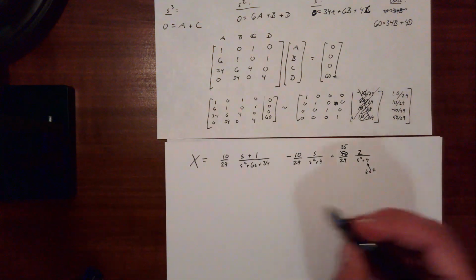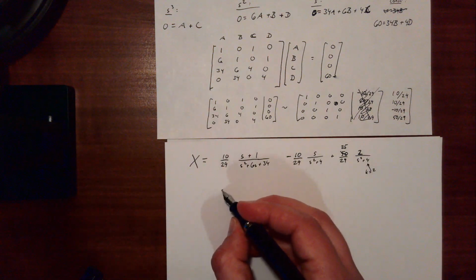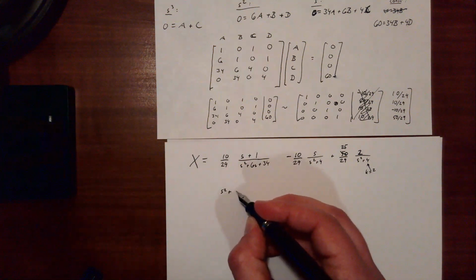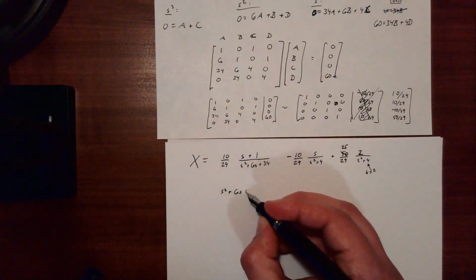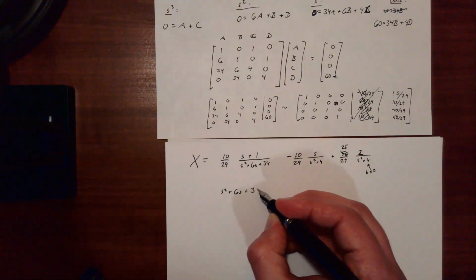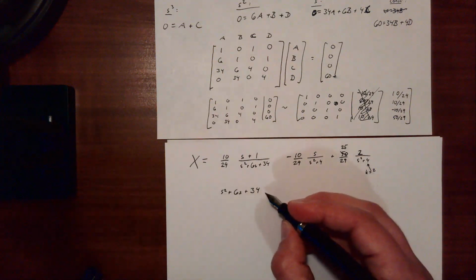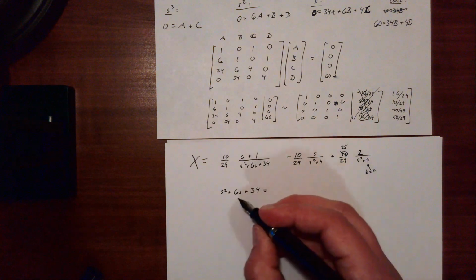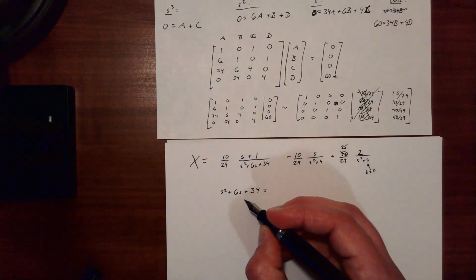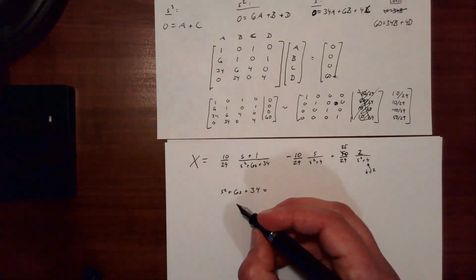Now for here, if we're going to be completing the square, we have to ask ourselves what perfect square starts with S squared plus 6S. Those of you who are very on point with your polynomials may already remember it.